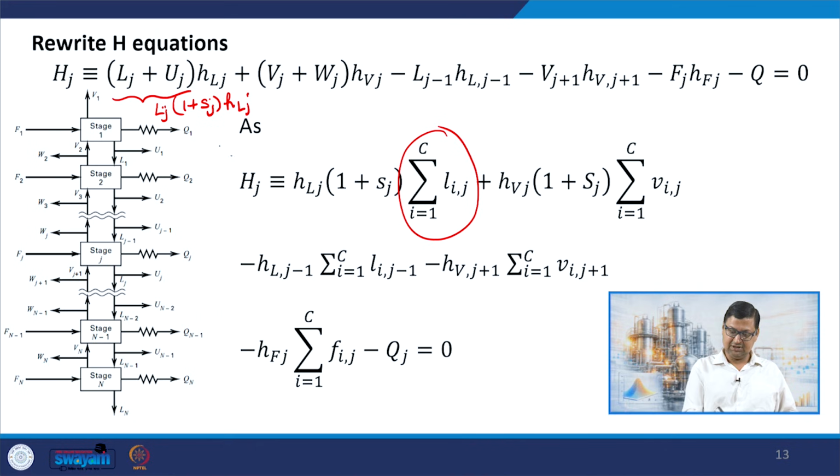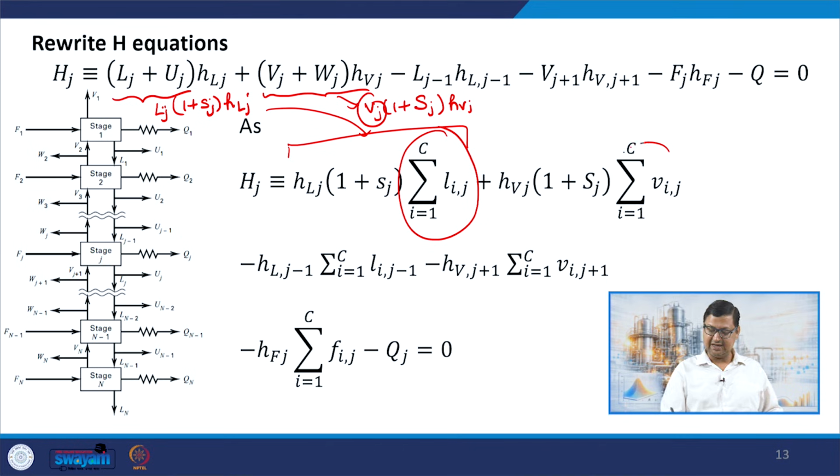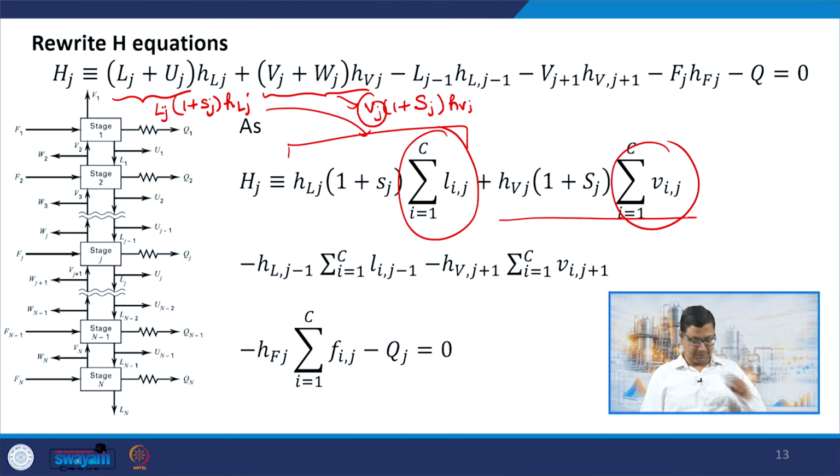So therefore, this gives me the first term appearing here. Similarly, for the vapor, we have Vj into 1 plus capital Sj, Hvj, and this Vj can be written as this summation. So the second term gives me the second term here.